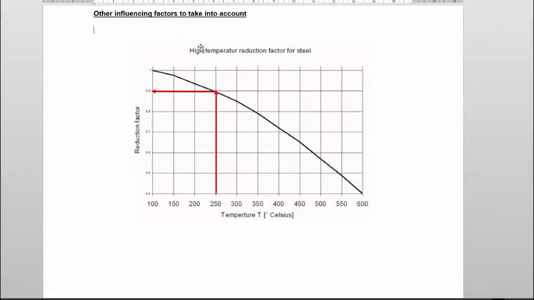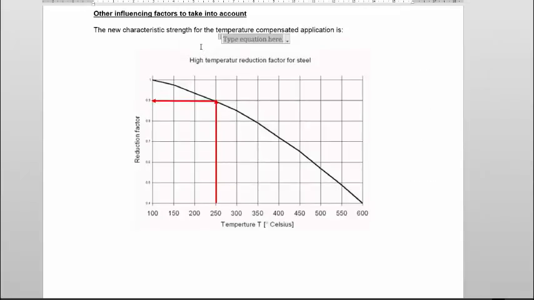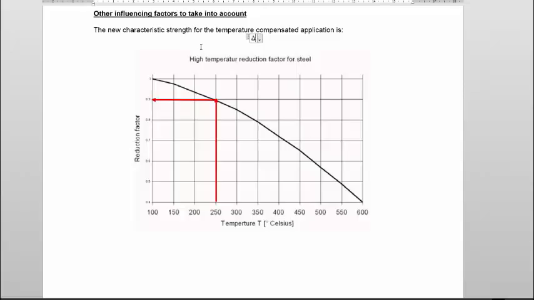So what we have here is the new characteristic strength for the temperature compensated application, and now we know the new delta sigma C that we need to work with at the elevated temperature.